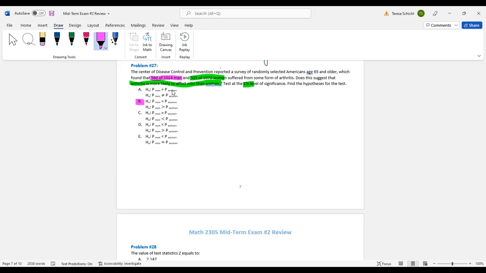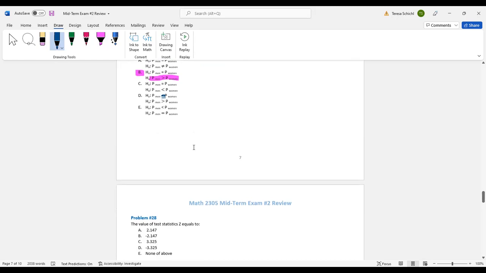So this will be part B: the percent of the men greater than the percent of the women here. All right. So why is part D not true? This is the percent of the men less than the percent of the women. We said the null hypothesis should always be equal. You cannot have less than there. Okay, so the answer is B here.